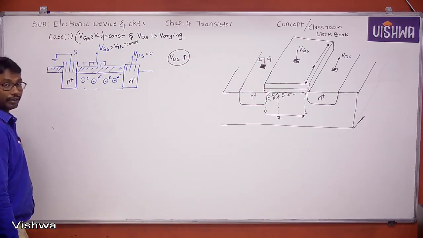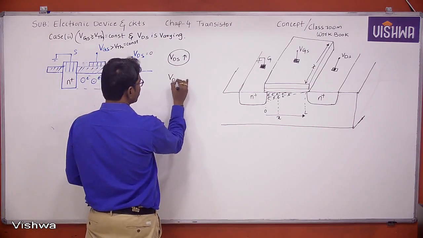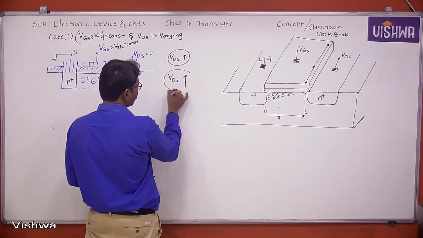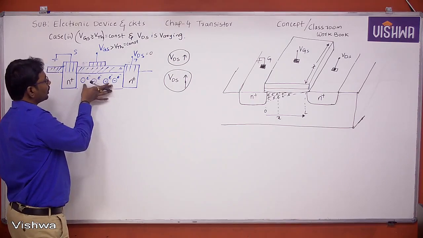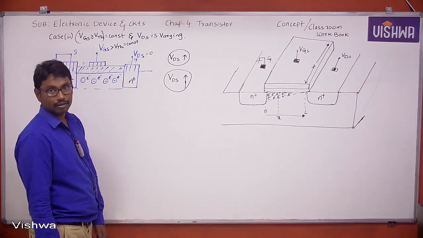Copied now? Next one. When VDS increases further, this increasing VDS appears in the channel. This voltage is called the channel voltage.